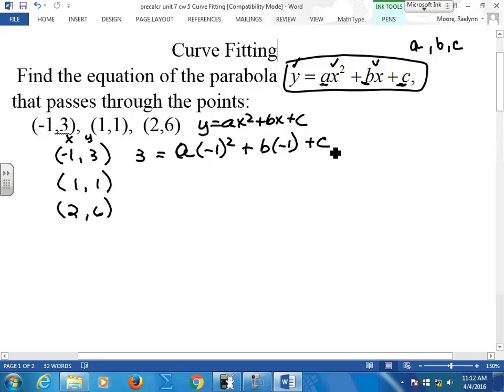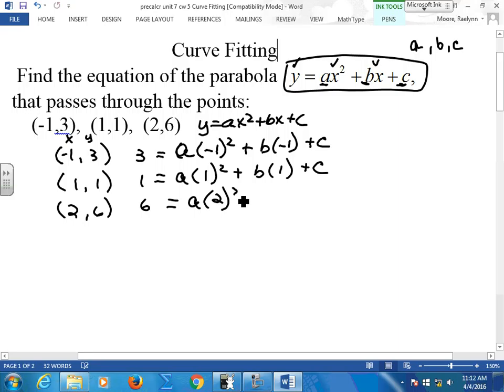So you're substituting in your x, you're substituting in your y. You're going to do it again for each one. Here's your y equals, your x in this case is 1. And your last one, the y equals, your x in this case is 2. Okay, so far?